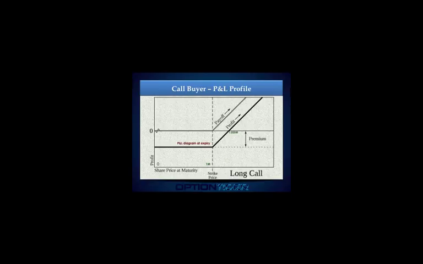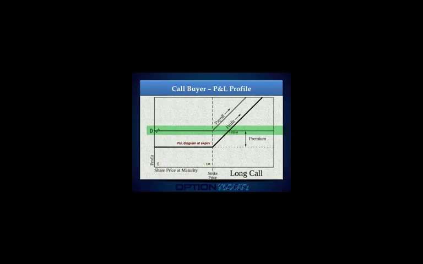On the x-axis is the price of the asset. You can see there's a 0 on the left-hand side and then higher values on the right-hand side. The vertical dotted line in the middle is the strike price of $1 million. On the y-axis, we have profit and loss. Anything above the 0 line that you see in the middle there is profit, and anything below the 0 line is losses.